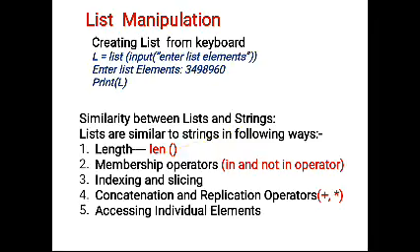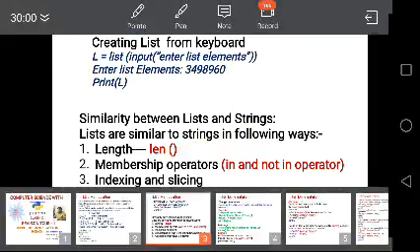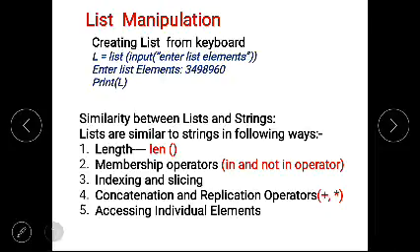List manipulation, creating list from keyboard. Now if you want to create a list from keyboard, how can you do it? This is a question in your mind. So here the syntax is L assignment list within bracket input within bracket, enter the list element.